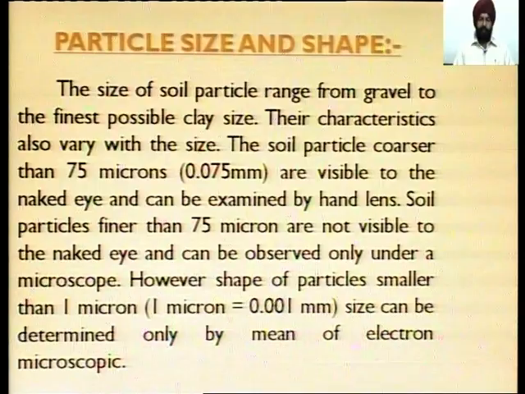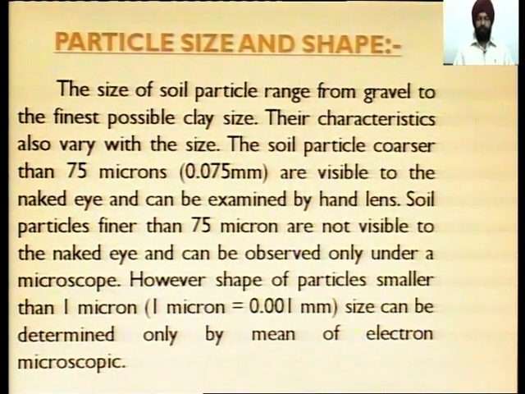Soil particles coarser than 75 microns, or 0.075 mm, are visible to the naked eye and can be examined by hand lens. Soil particles finer than 75 microns are not visible to the naked eye and can be observed only under a microscope.